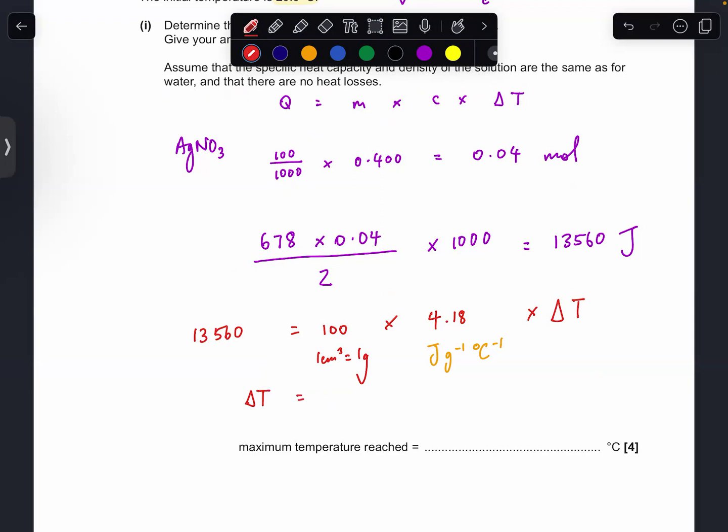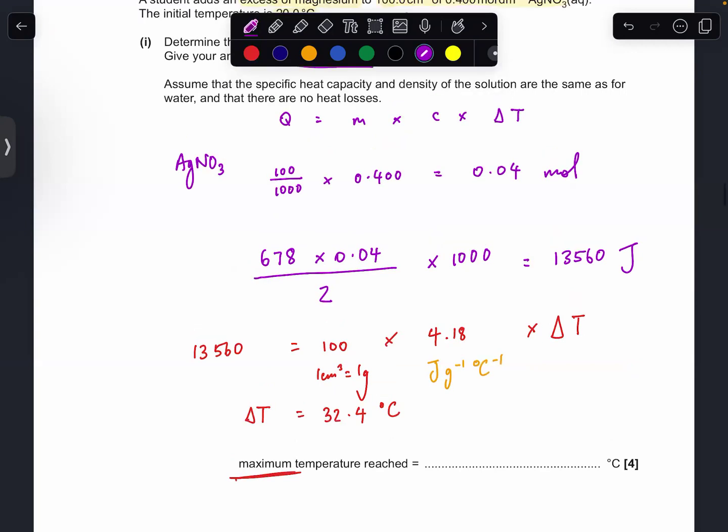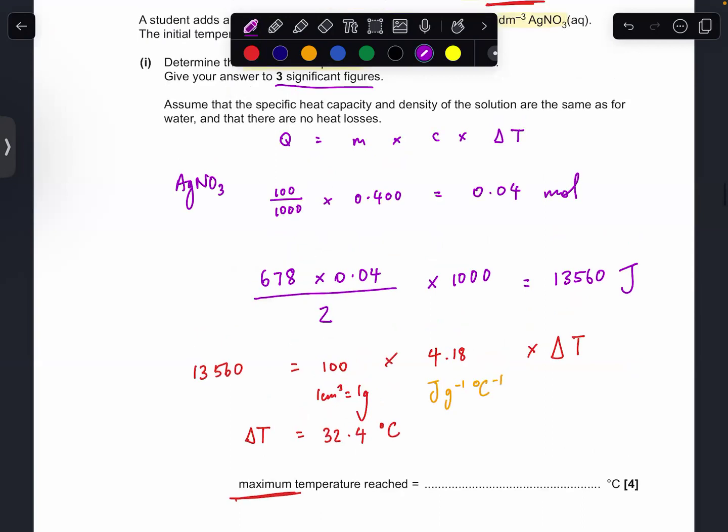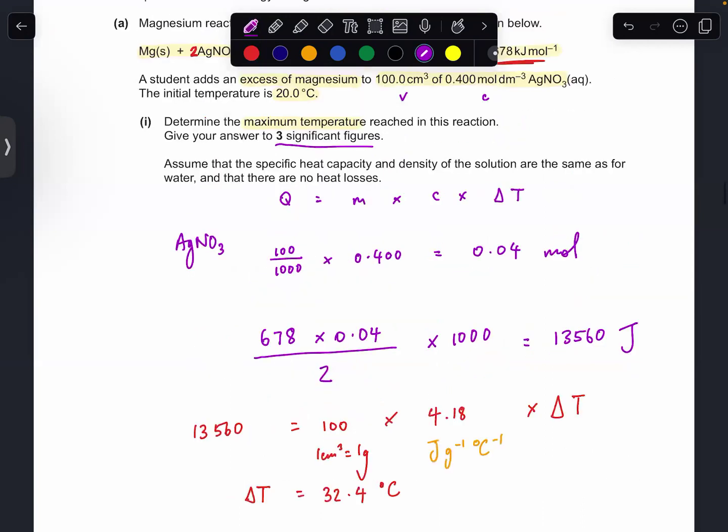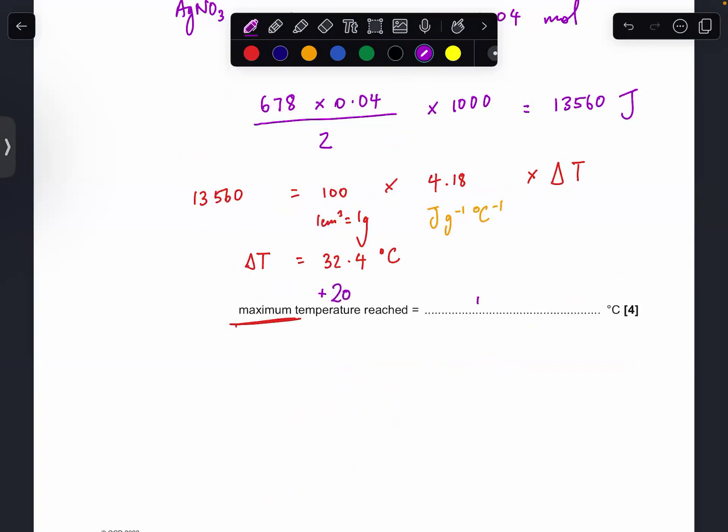Delta T equals 32.4 degrees Celsius. And the maximum temperature will be this. We need to add on the initial 20 degrees Celsius that we started off with in the question. So that will be plus 20. That will give us 52.4 degrees Celsius.